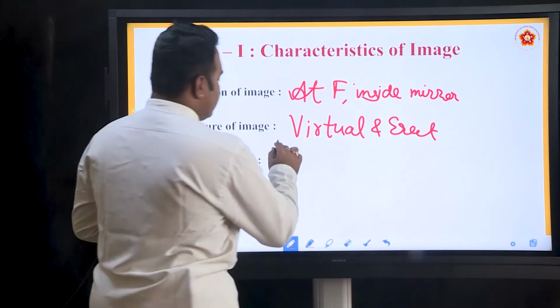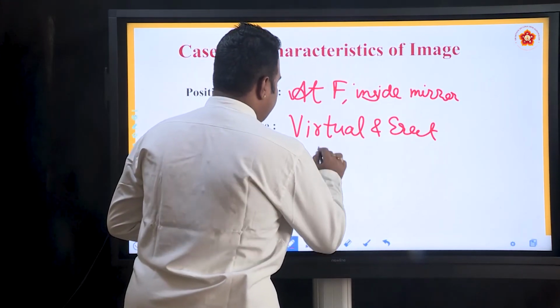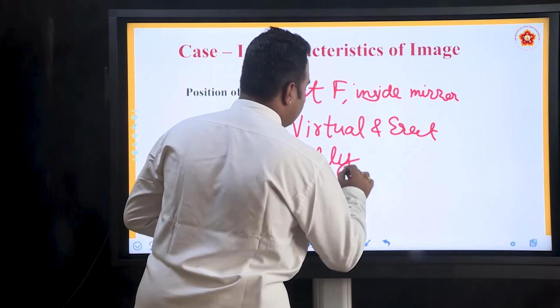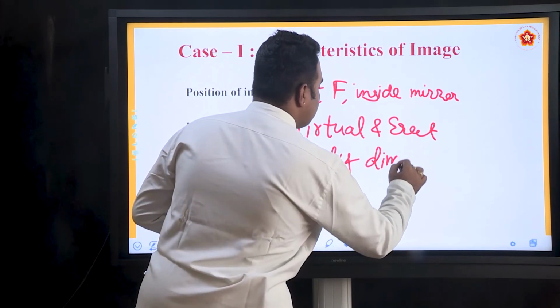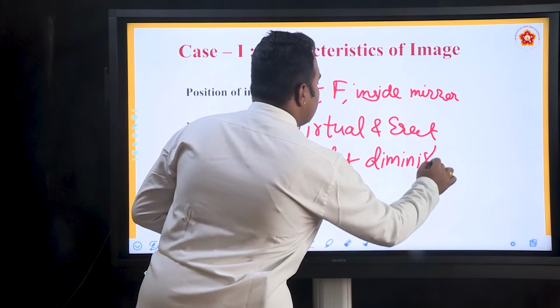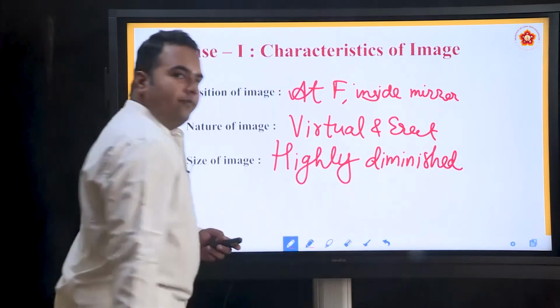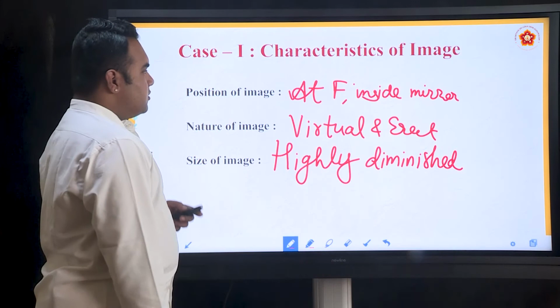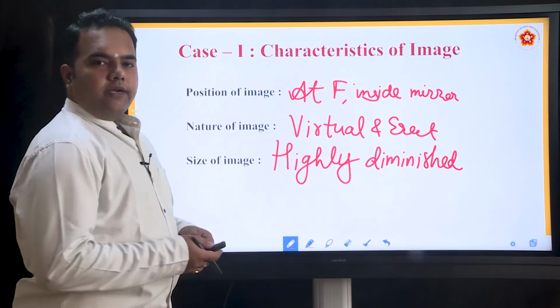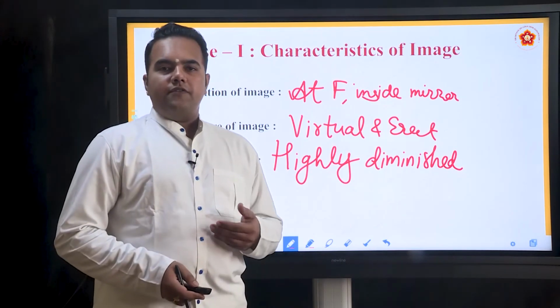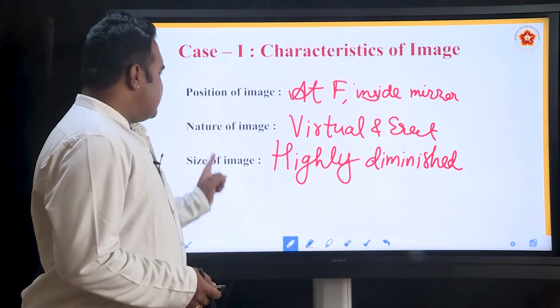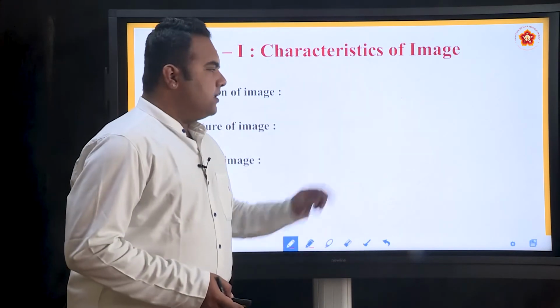Size of the image is highly diminished. So, whenever we place an object at infinity in front of a convex mirror, this will be the position, nature and size of the image that is formed.